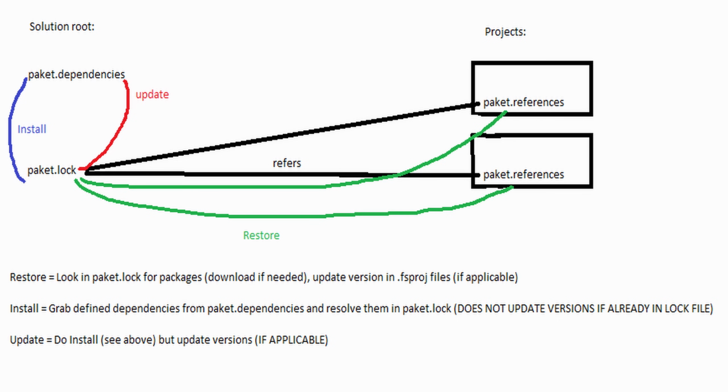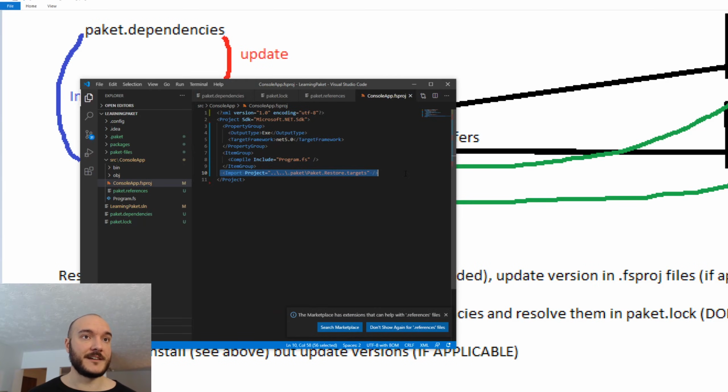So in this case, we don't have an import command in our fsproj. It will actually depend. Some packages have special things that it needs to add in the fsproj, like props files and targets files. In our case, we don't have that.